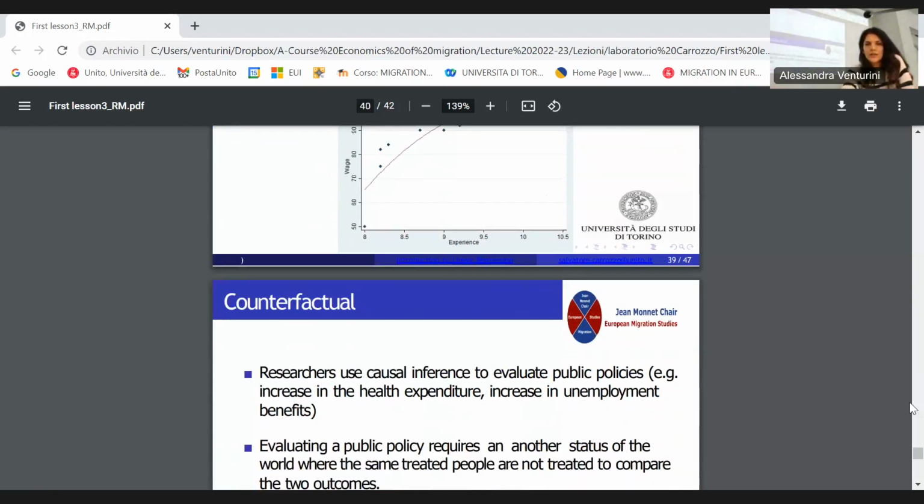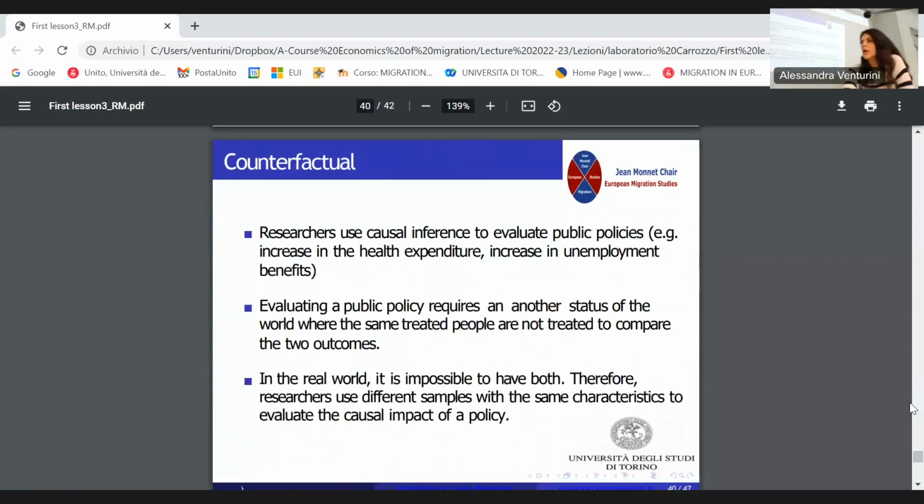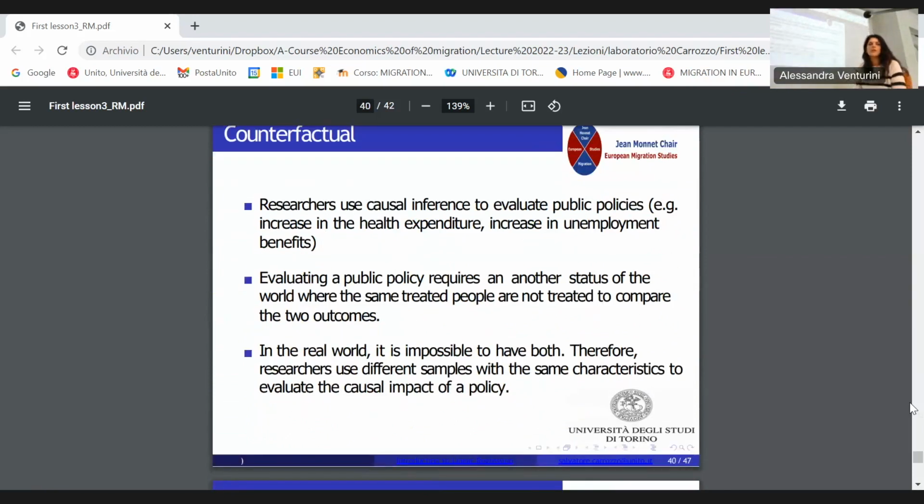Okay, at the beginning of this school, we talked about the difference between correlation and causality. Sometimes researchers use causal inference to evaluate public policies, for instance, an increase in health expenditure, an increase in unemployment benefit, and so on.